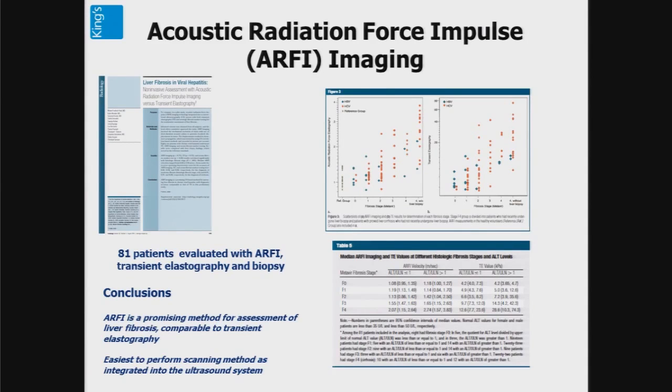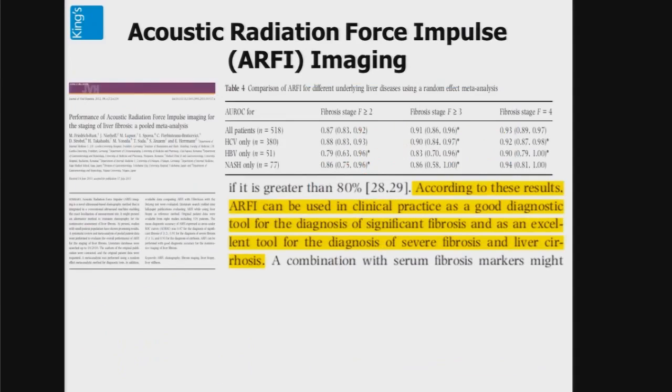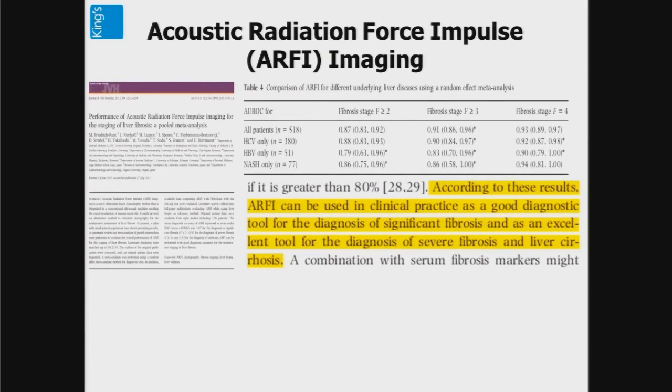It was as good as, if not slightly better than, the transient elastography, and you could work out velocity measurements for different stages of fibrosis. A meta-analysis, again, shows that it's a good diagnostic tool for significant fibrosis and excellent for severe fibrosis and liver cirrhosis.